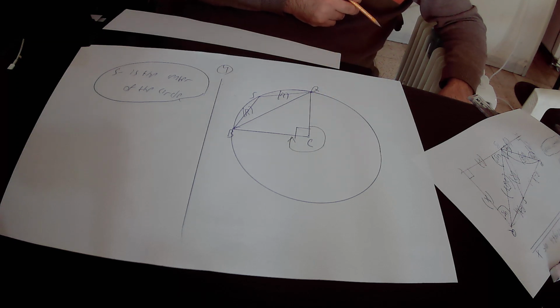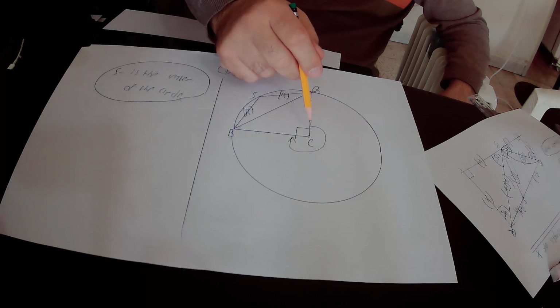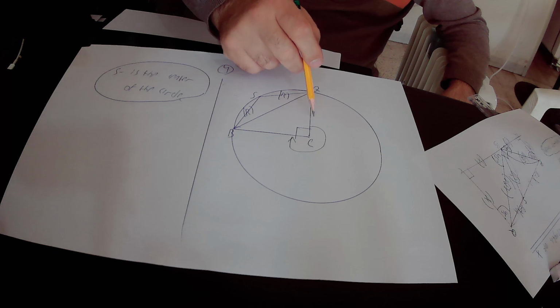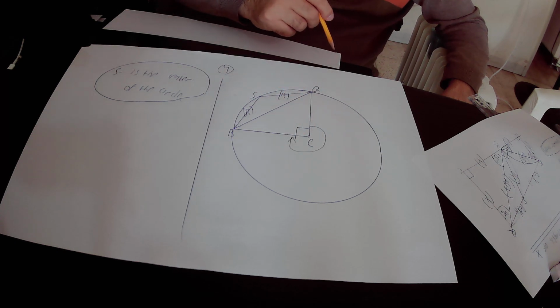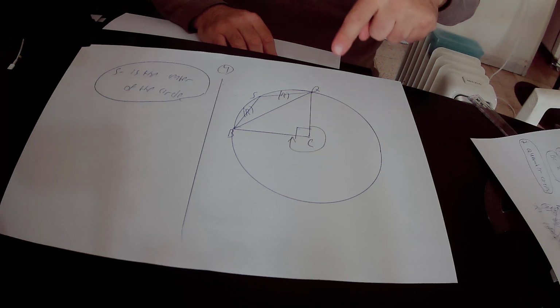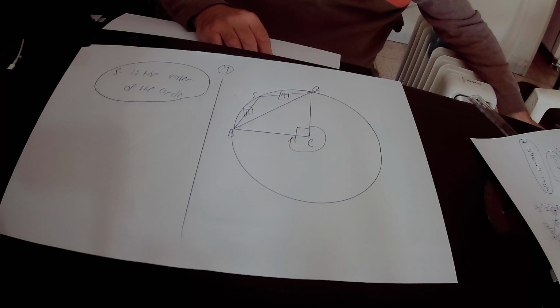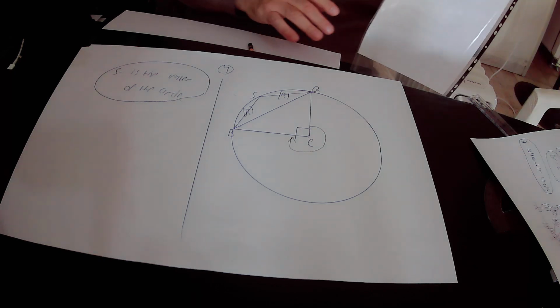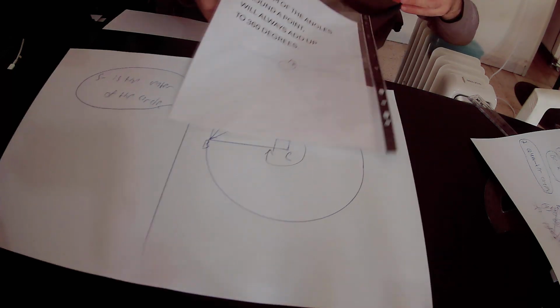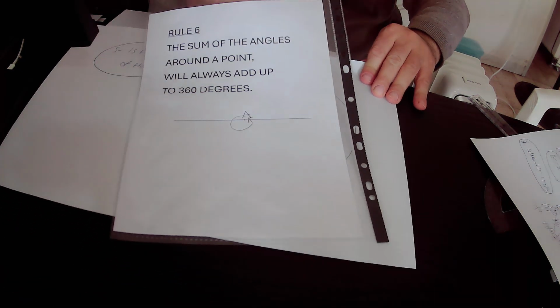Okay, now we have to find out the size of the central angle QCB. In order to find out the size of this central angle QCB, we present to you a new rule, and we will implement the new rule in our drawing. The new rule is rule number 6.